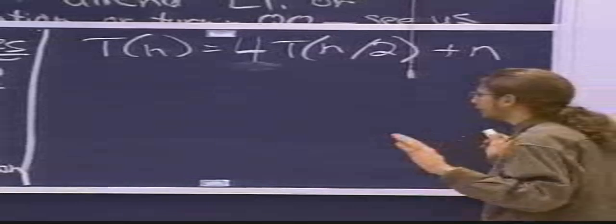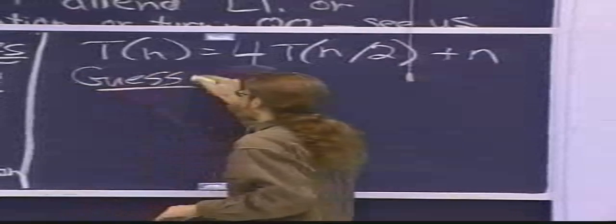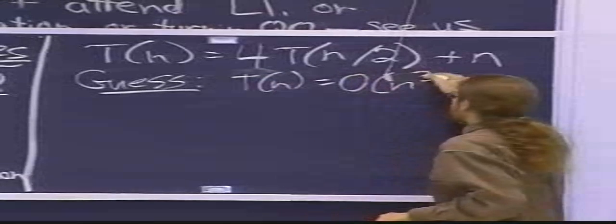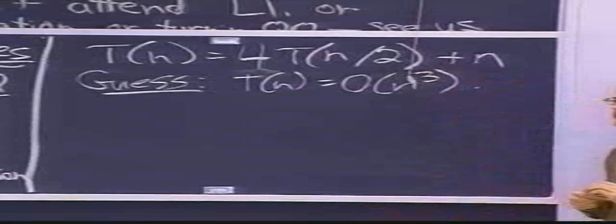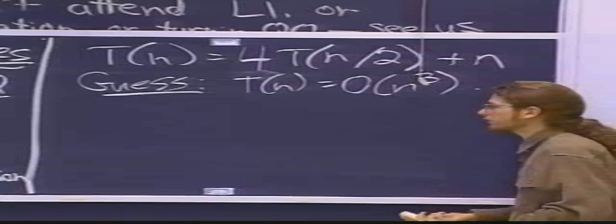And let's not think very hard. Let's just make a random guess that for now, let's say T of n is at most n cubed. And that will turn out to be true. So let's try to prove it. We'll prove it by induction.